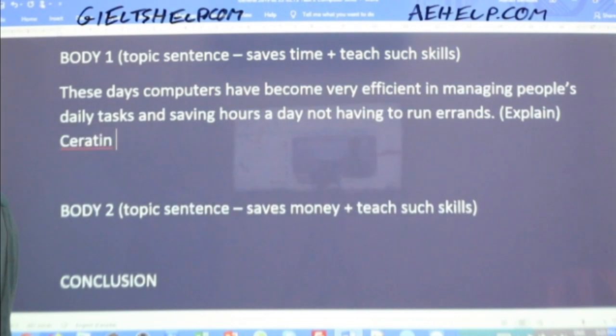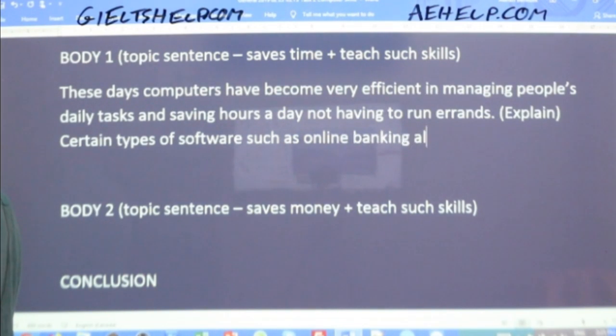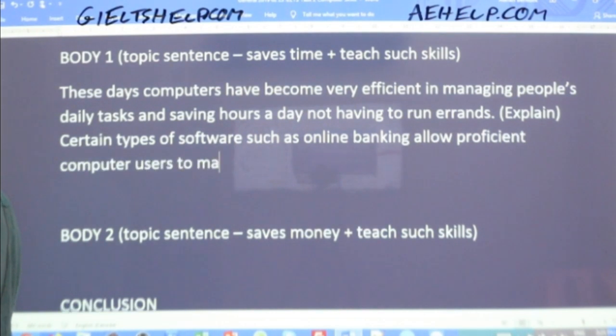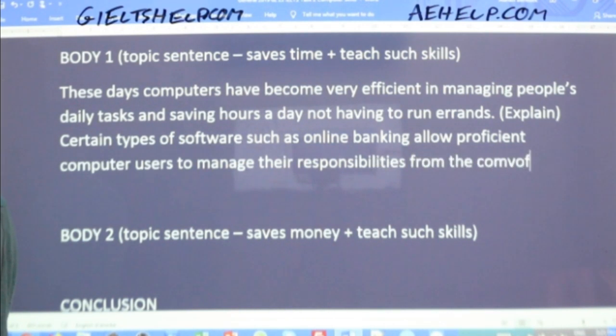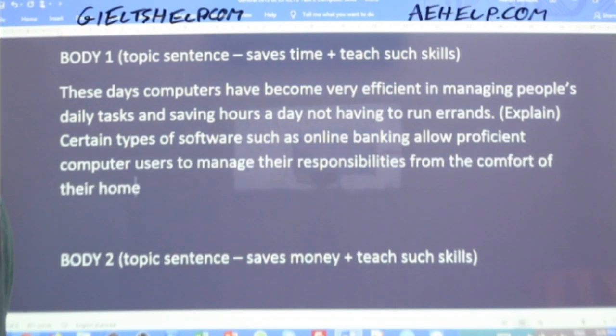Certain types of software, such as online banking, allow proficient computer users to manage their responsibilities from the comfort of their home. Okay. For instance, here comes my example.